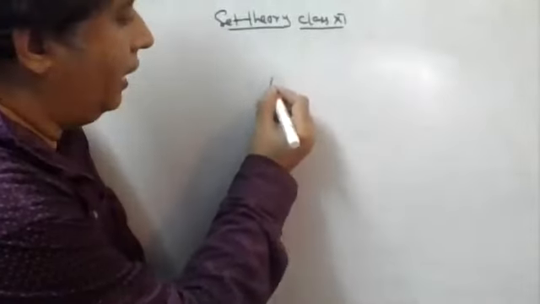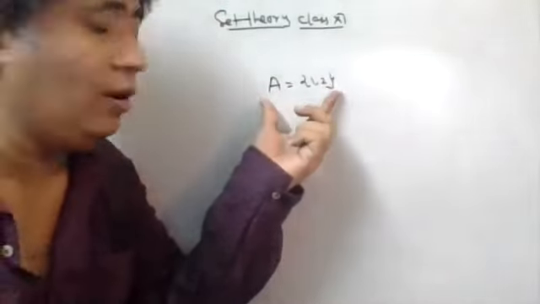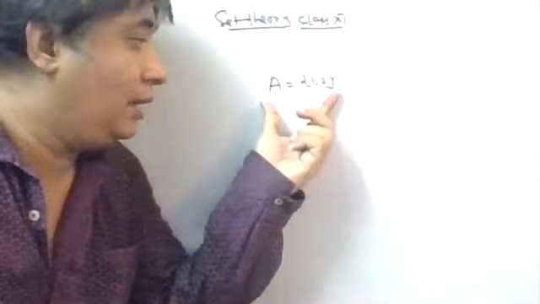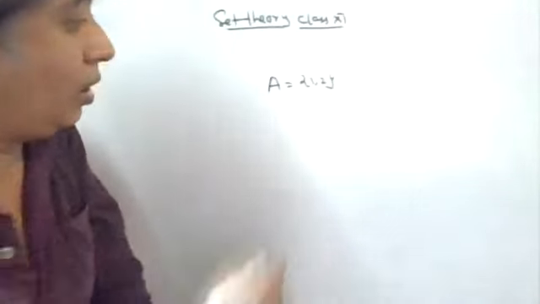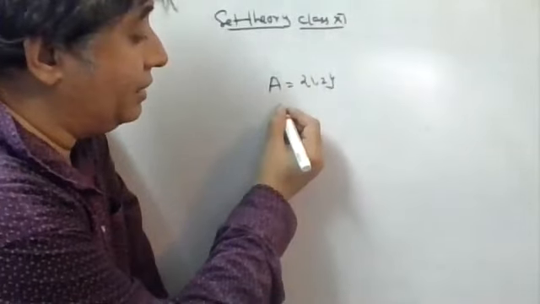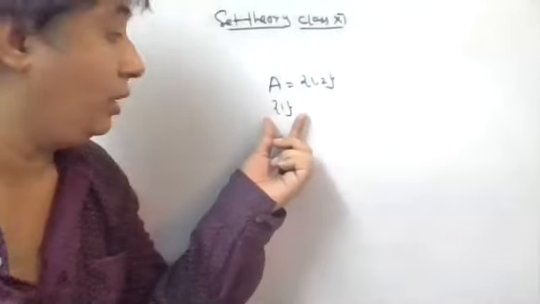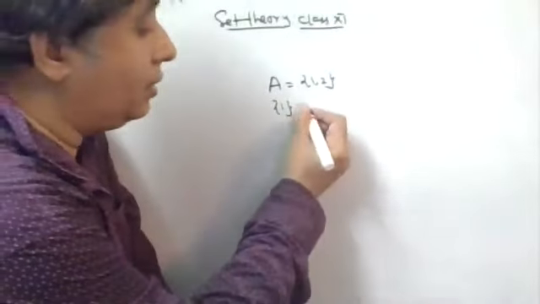Suppose a set contains two elements. Now, how many subsets does it have? Obviously, see, you can get a set, say {1}. What kind of set is this? It contains only one element.